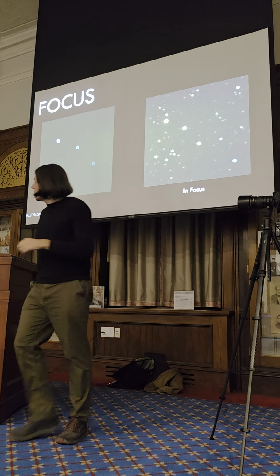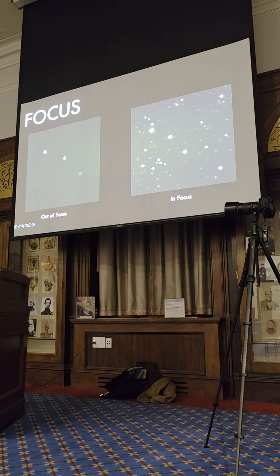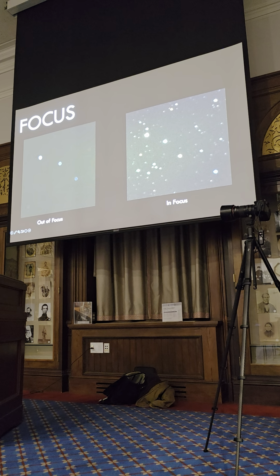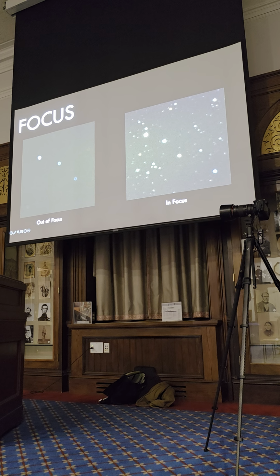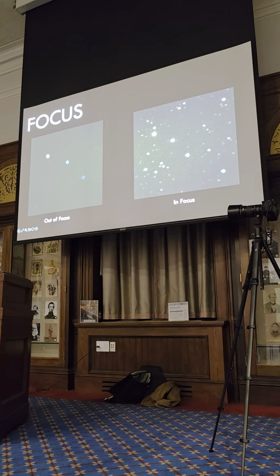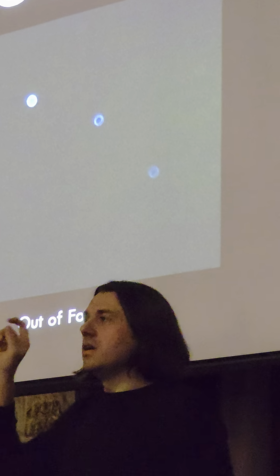When you are out of focus, what you'll find is that they're bloated. You'll still see some bright stars. They will look round, and this is a lot of times what fools people, because they see those bright stars, they see that they're round, and they think, oh good, I'm in focus. But you're not in focus yet there on the left. The dead giveaway is that if you look at the center of the star, it's dark. It looks sort of like a donut.